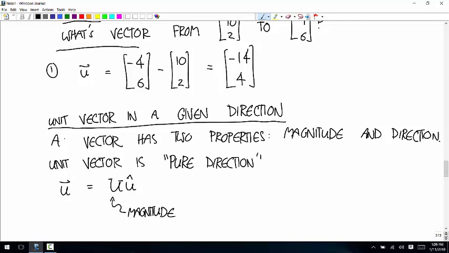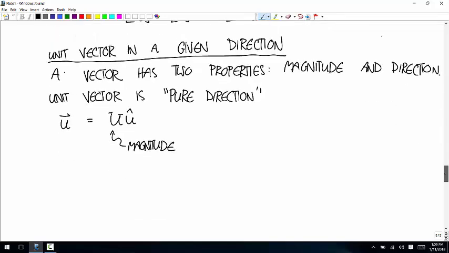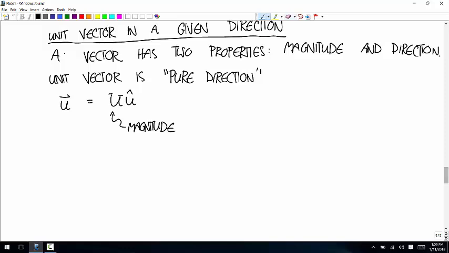That's what that fancy hat means. And then we'll see that there are a lot of problems where you either know the direction but don't know the magnitude, or you know the magnitude but you don't know the direction.